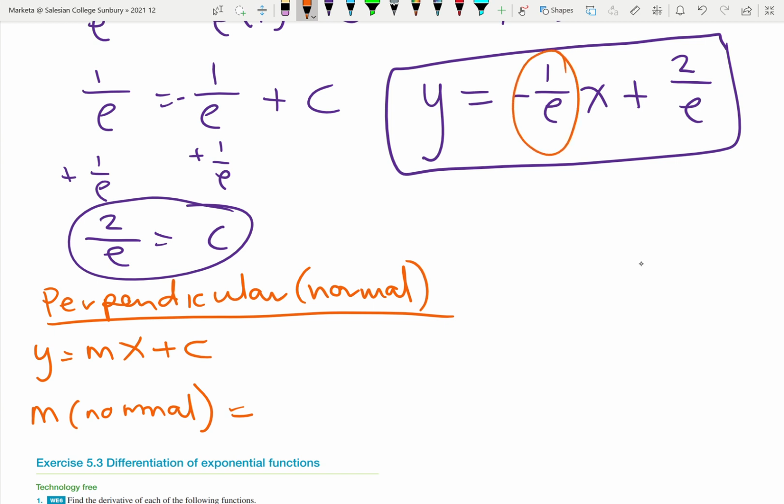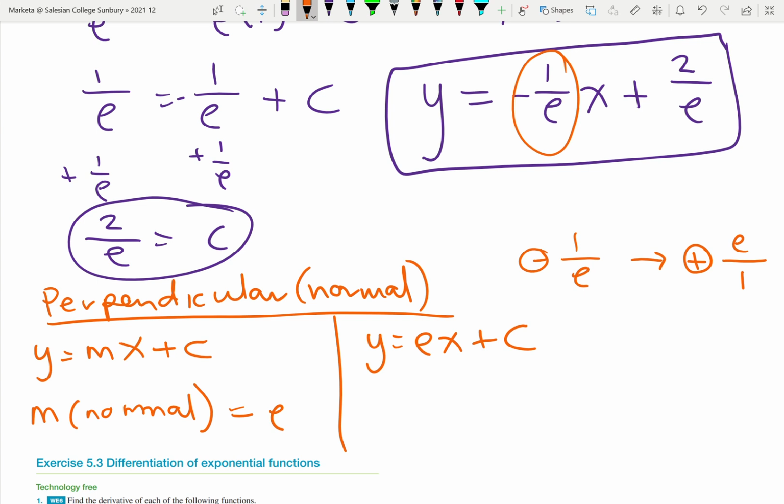We can use m1 m2 equals negative 1: negative 1 over e times m equals negative 1, and you can solve it that way. But I think it's much easier to just go the opposite: negative 1 over e, we change the sign so it becomes positive, and we flip it. So that's just e. The gradient is e, so y equals ex plus c.